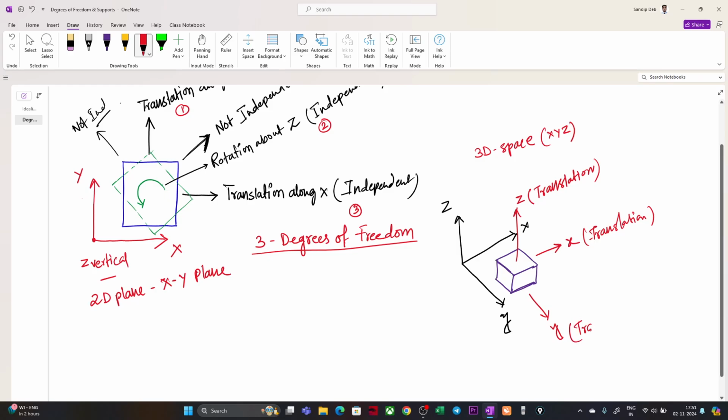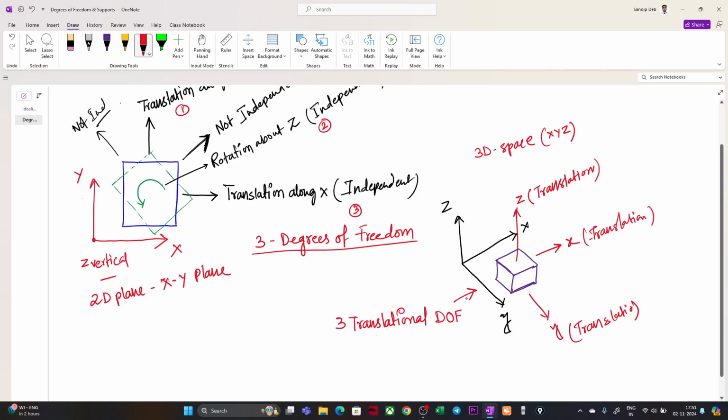This is also translation. So if I want to define the degrees of freedom of this system in a 3D space, I have 3 translational degrees of freedom, we can say DOF, in this case.